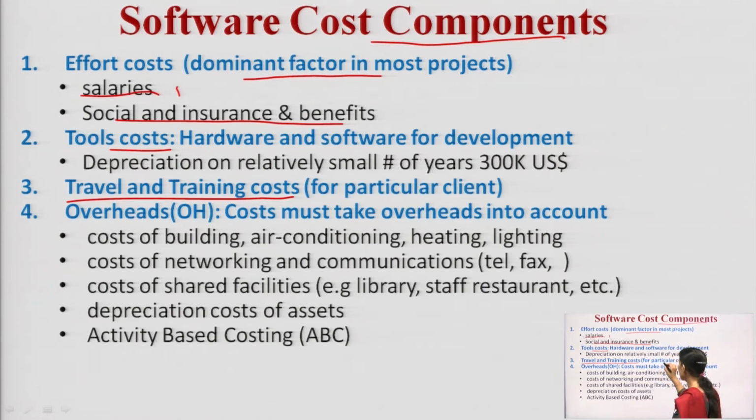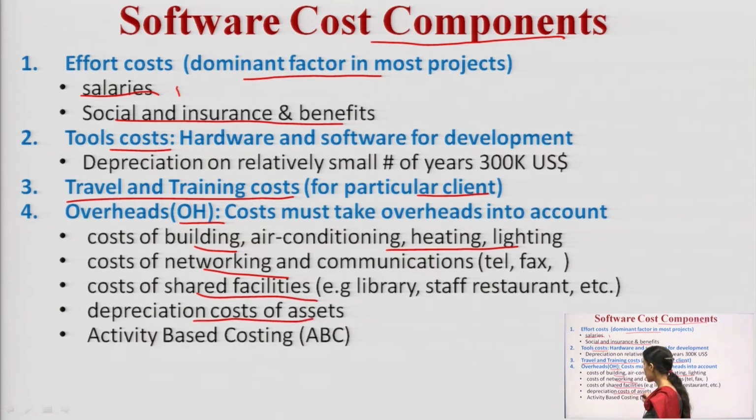For different clients the travel and training cost is given. Then the overheads. Overhead means I am including the cost of building, cost of AC, heating, lighting, cost of networking, cost of communications, cost of shared facilities, depreciation cost and some activity-based cost if required during the maintenance of the software.